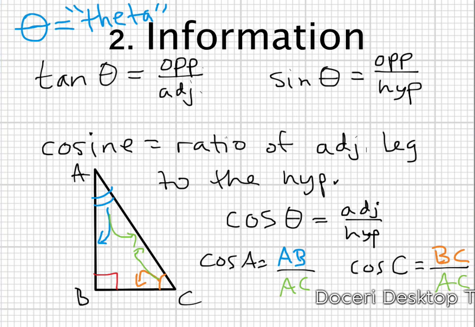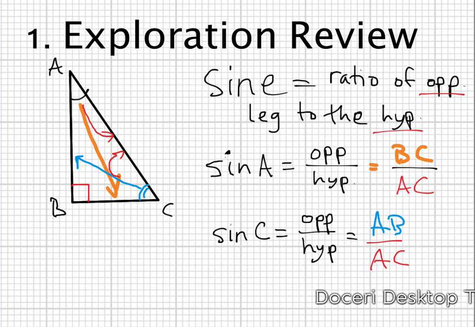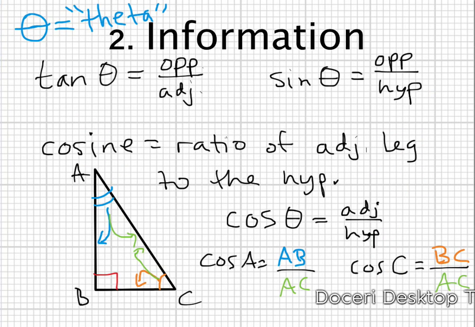Same with cosine of C. Cosine of C is BC over AC, and the sine of A is also BC over AC. So if they give you angle C, and they say find the sine of angle A, you could use the cosine of C to find the sine of A, and vice versa. So that's basically all the different ratios that we have in here: tangent, sine, and cosine. So let's take a look at an example.